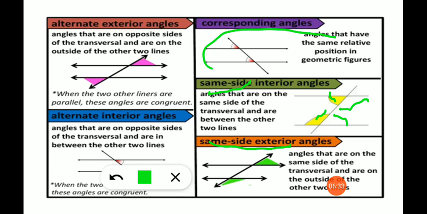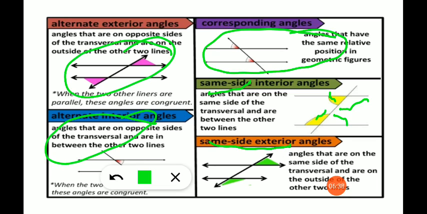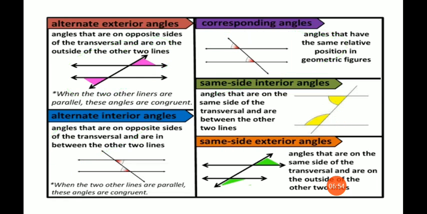But the main focus will be on corresponding angles, alternate exterior angles, and alternate interior angles. These are the three important types of pair of angles, and we have already studied these angles in previous classes. So moving towards the next theorem, which we have to prove.